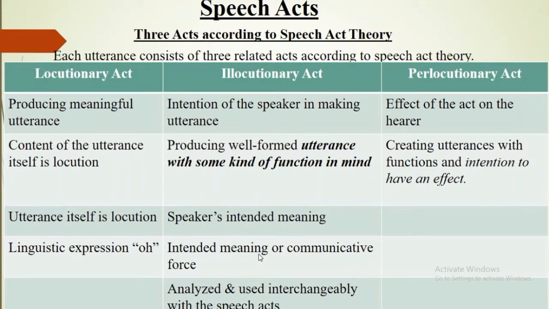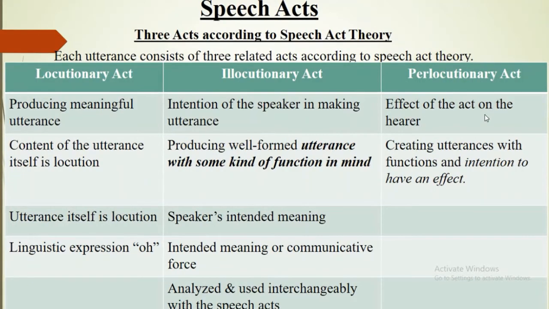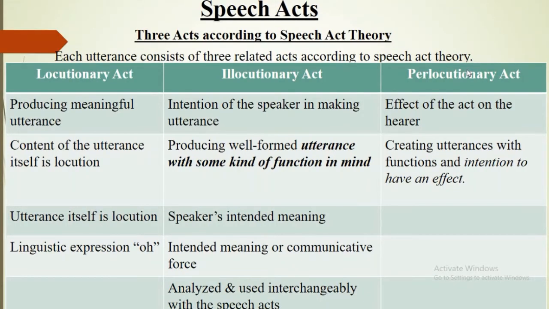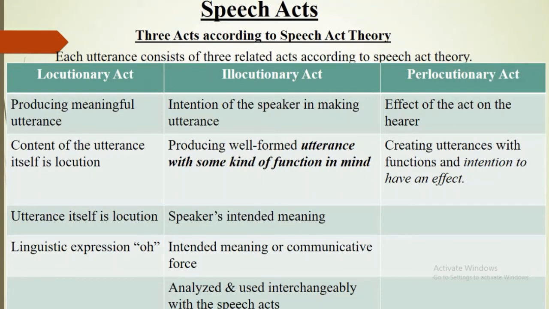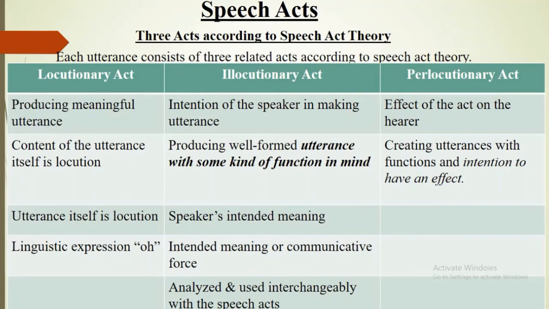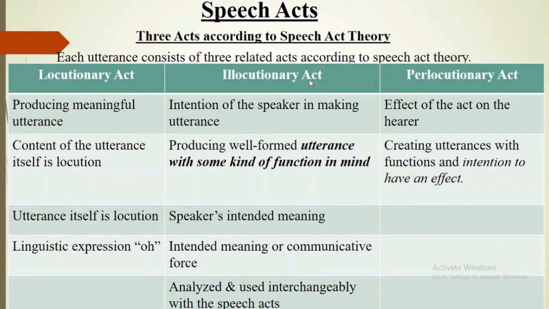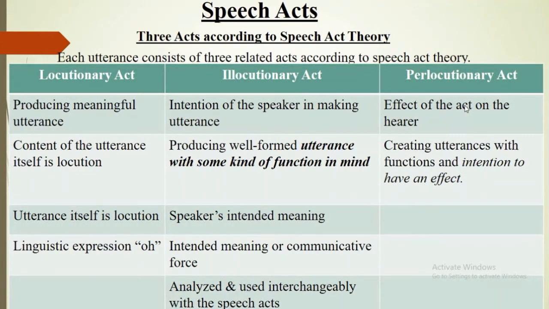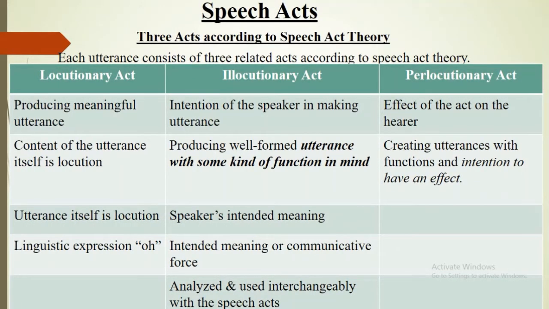Last one is the perlocutionary act. The effect of an utterance or outcome of the utterance is called the perlocutionary act. These utterances are created with function and intention to have an effect on the listener. Because the speaker's intention is in the illocutionary act, and the perlocutionary act is the effect on the listener after listening to the speaker.